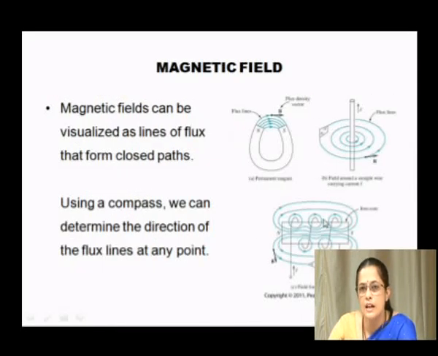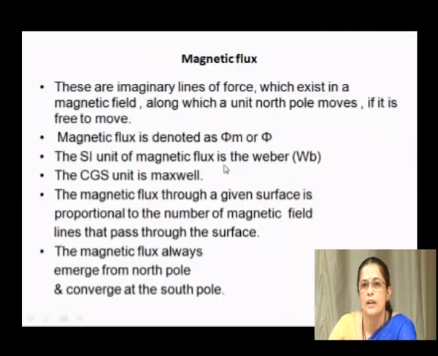This area around the magnet where the flux exists, the lines of force here are called magnetic flux. Magnetic flux is denoted as phi m or just phi. The unit of magnetic flux is Webers.